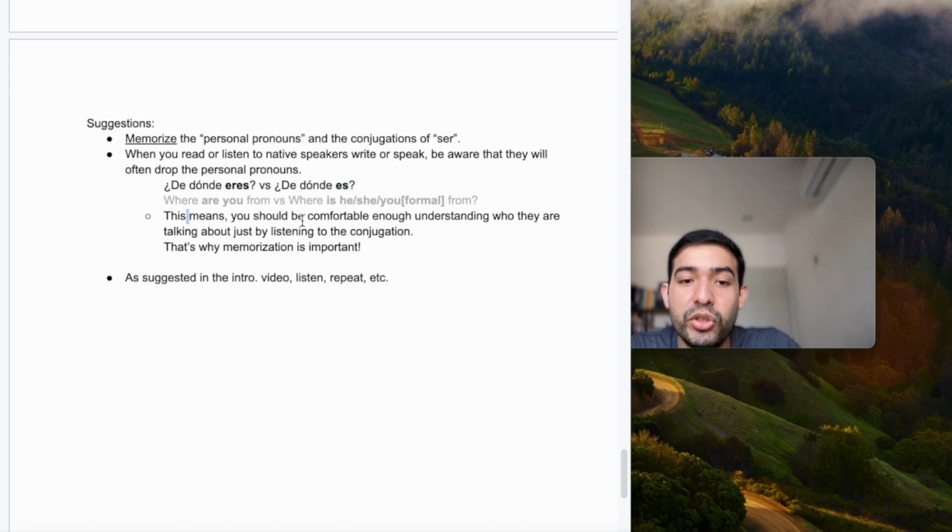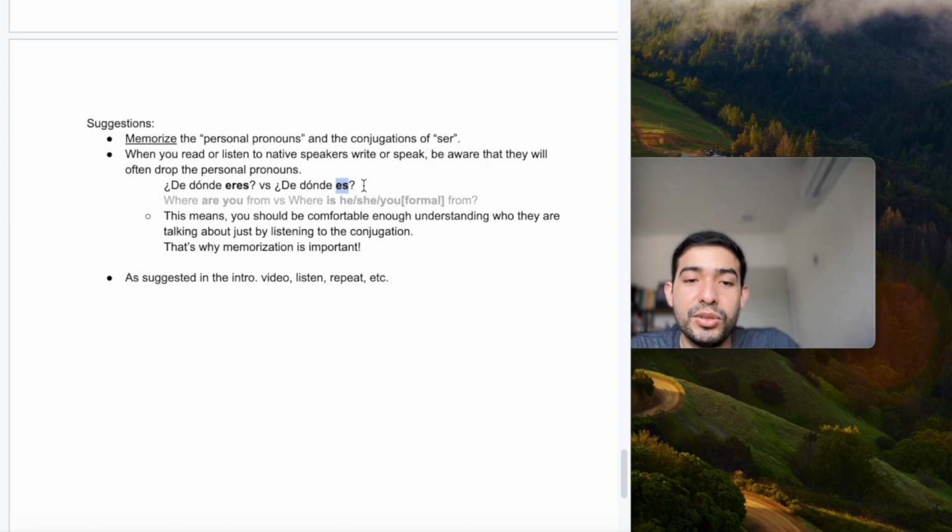This means that you should be comfortable enough understanding who they are talking about just by listening or looking at the conjugation, the different form of the verb, right? You should immediately know, after a lot of practice, of course, that eres is you. Okay, so he's asking, where are you from? And es is for he or she, so he's asking, where is she or he from, right?